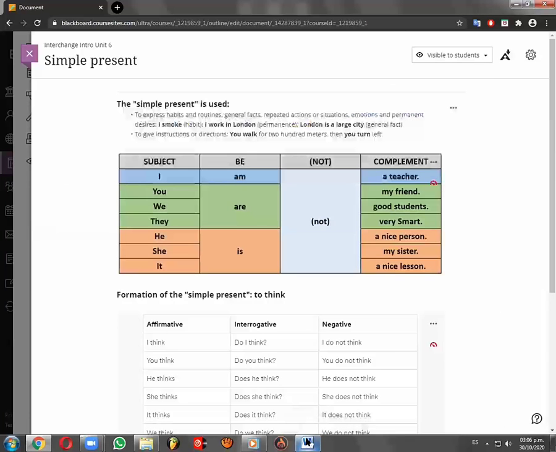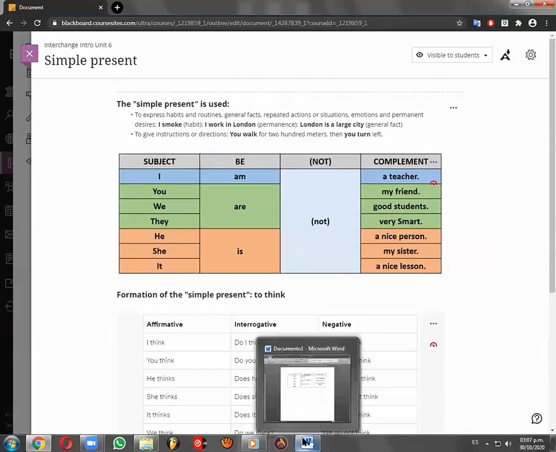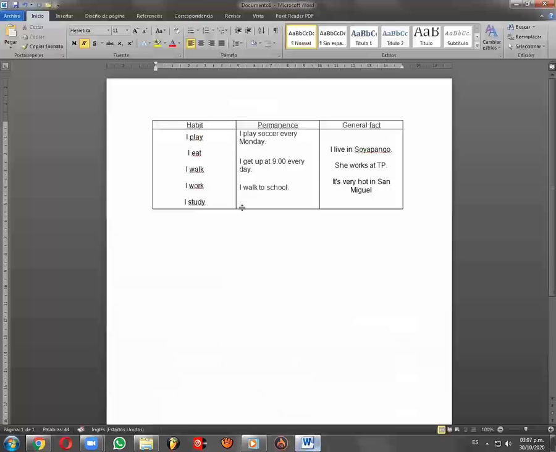This is some examples. Do you express habits and routines in simple present? And also to give instructions or directions. For example, you walk for 200 meters, then you turn left. And also, give me another example.